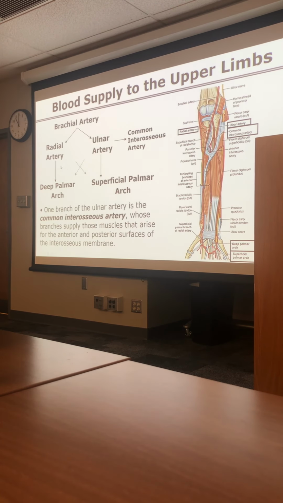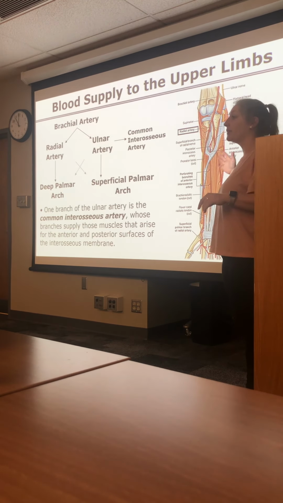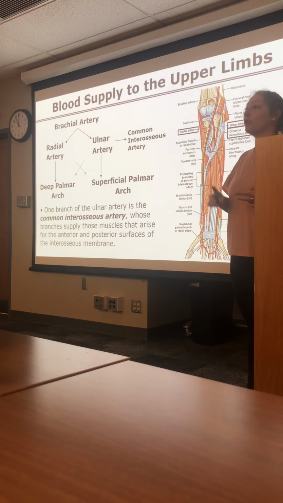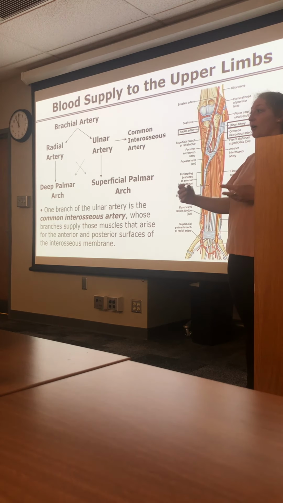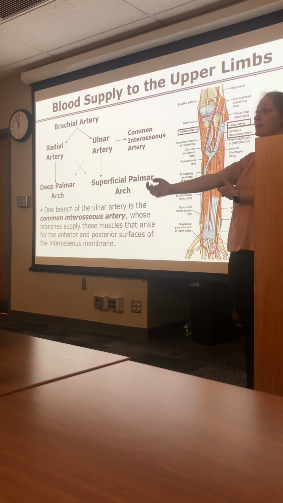So if we look at a continuation of these arteries, our ulnar artery, which is right here, is going to give off this common interosseous artery, okay? I'm gonna just preface, there's a bunch of branches off of these arteries, like your deep brachial, your radial, your ulnar, your common interosseous, that are forming an anastomosis around the elbow.